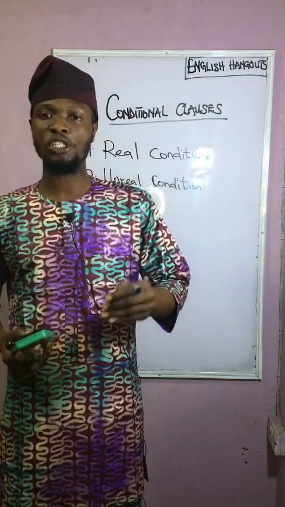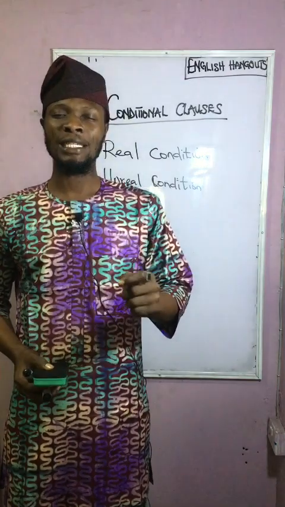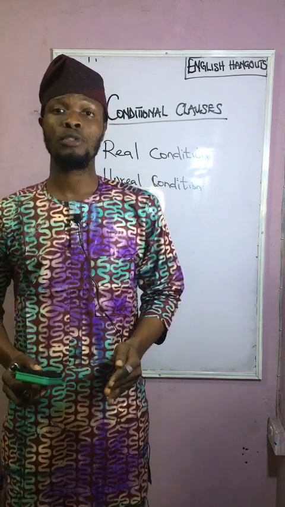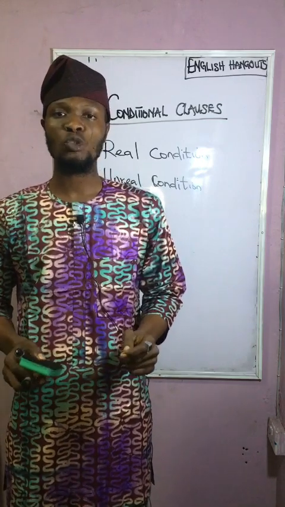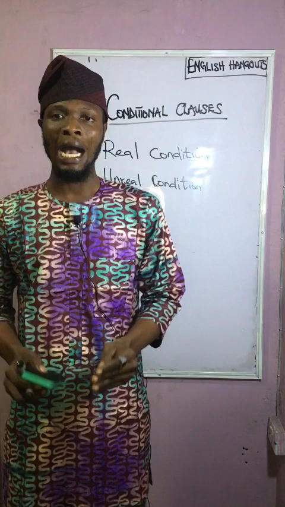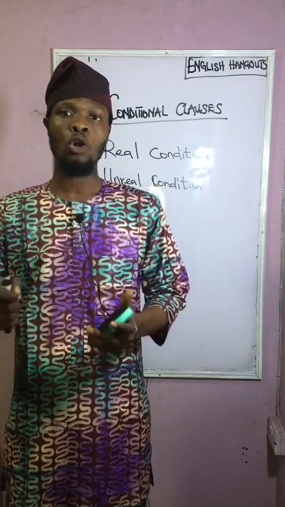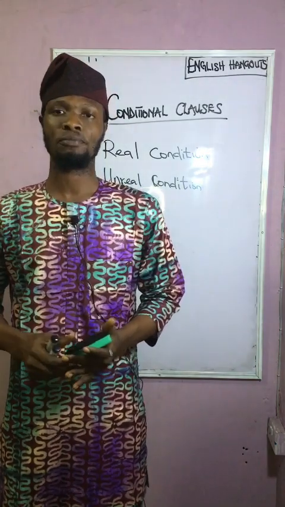A real condition is a situation whereby the action being described in a sentence is practicable or has happened. If an action is to be referred to as a real condition, that particular action should be what is practicable or has happened.